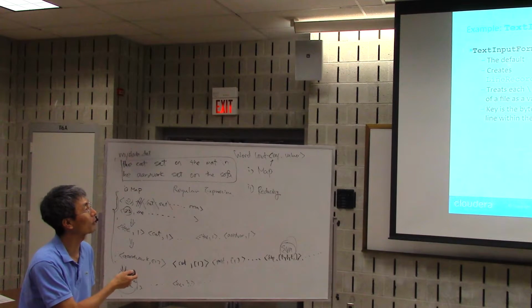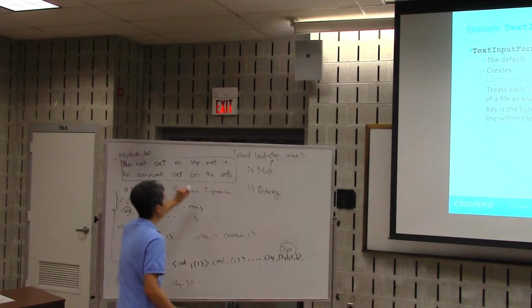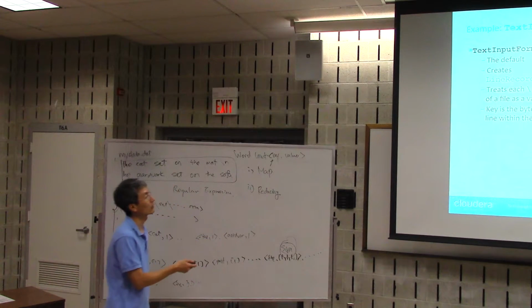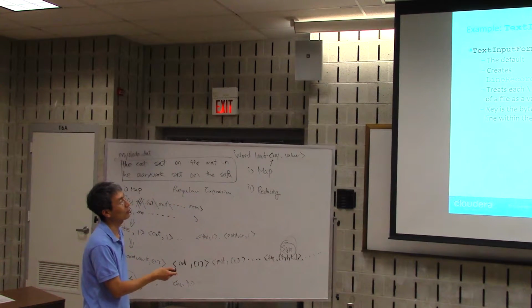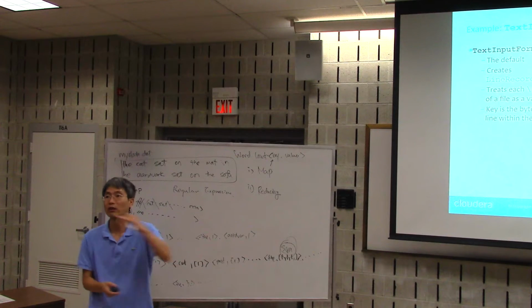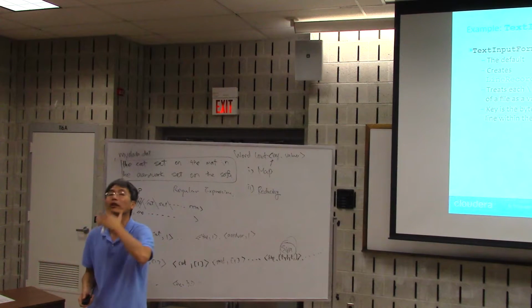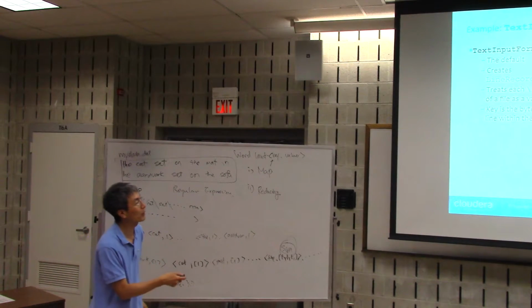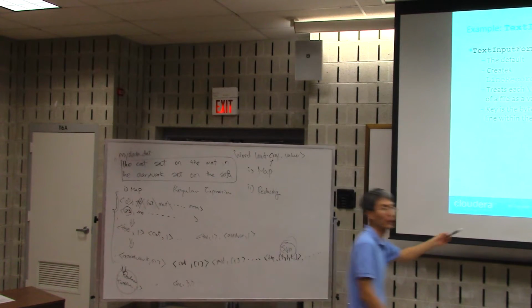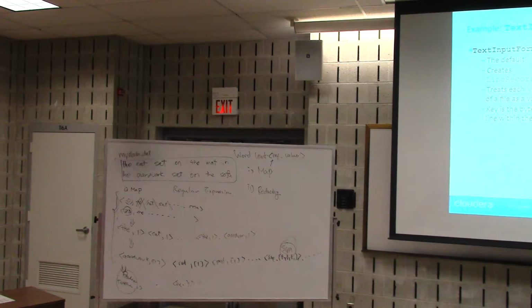What is the main job of this one? It segments by the new line. The output of this one will be key and value. Key is the offset and value is the entire line. Then your job is to manipulate this value depending on your requirement.